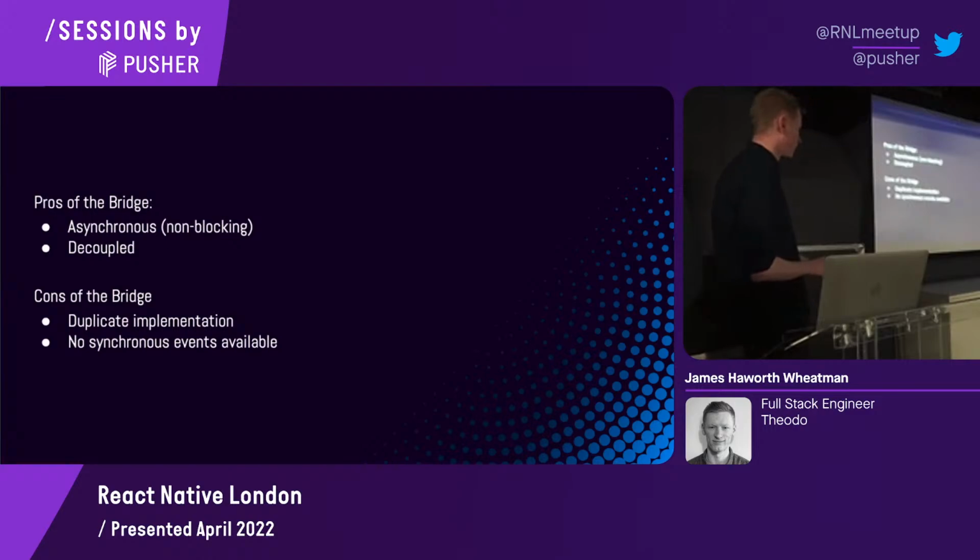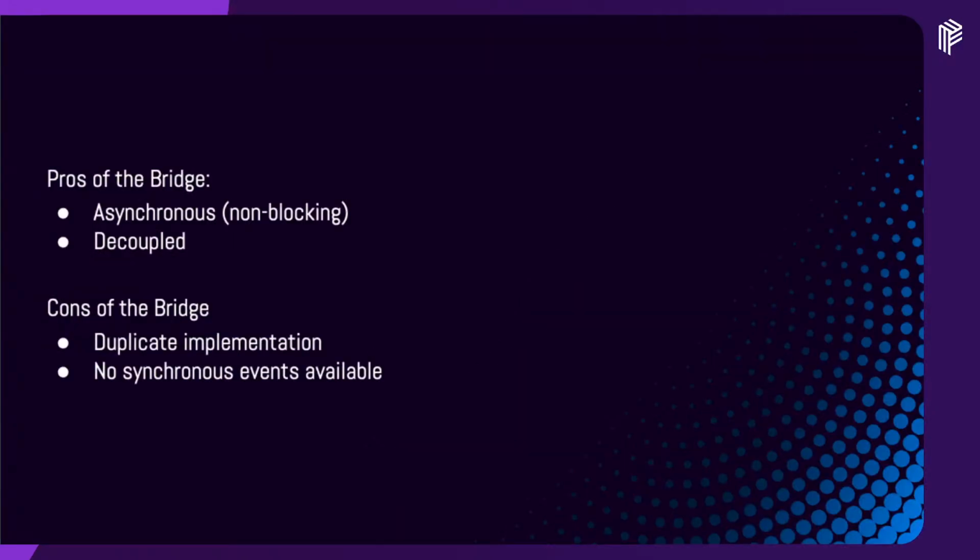This means there's no way to prioritize UI events, as an example. Very famously, there's the issue with scrolling flat lists. All of these updates have the same level of prioritization in terms of UI, so there's no way of interrupting an animation, for example.